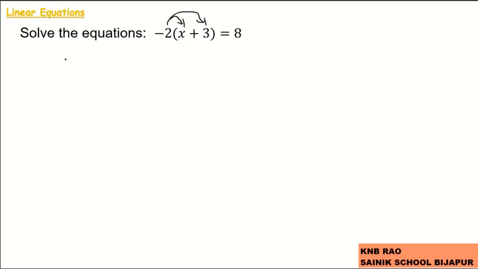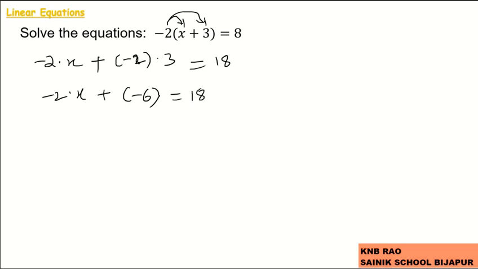When there is a bracket here, minus 2 into x gives minus 2x, minus 2 into plus 3 to be done, where minus 2 into x plus minus 2 into 3 gives you minus 6 equals to 18, and minus 2x, this plus into minus, removing this bracket gives us minus 6.